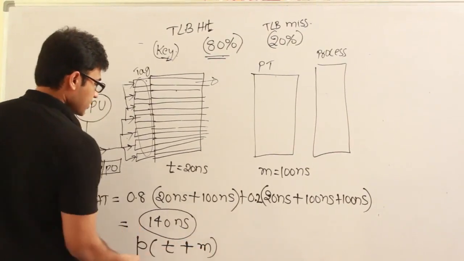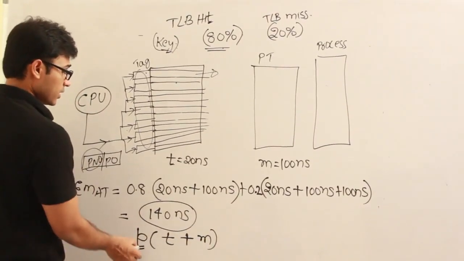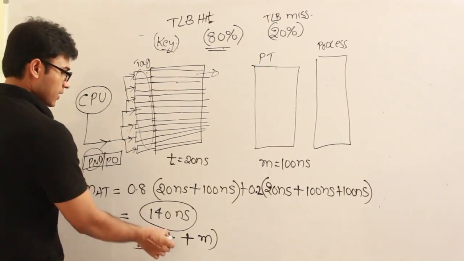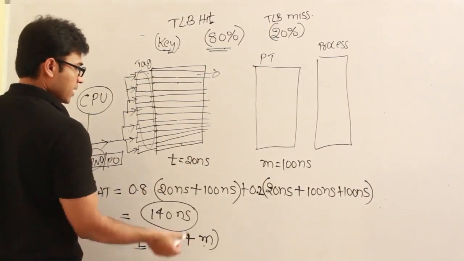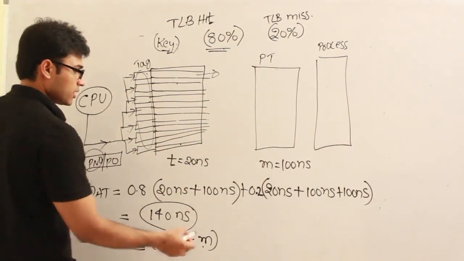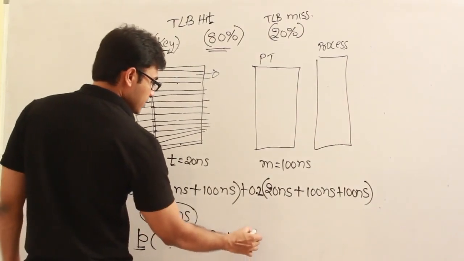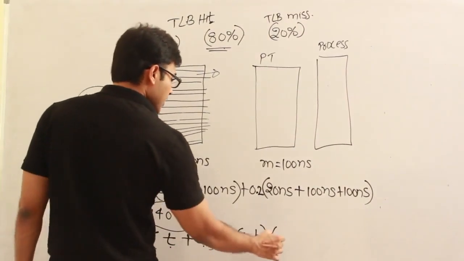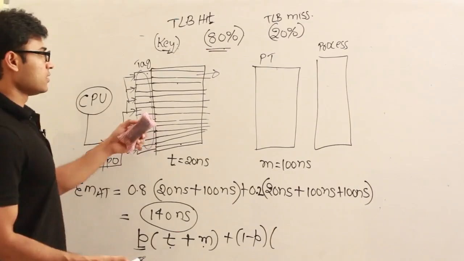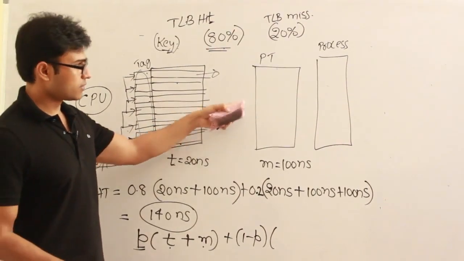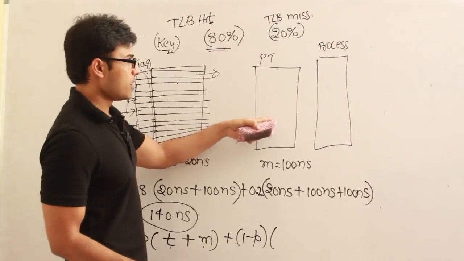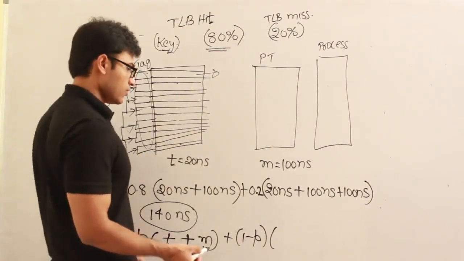So what does it mean? Whenever there is a hit, and the hit probability is P, then the time taken will be, first you access the TLB, then you get the memory address and access the memory, plus, in case there is a miss, then 1 minus P into the time taken: if it is not present in the TLB, then we are supposed to take the entry from the page table, which is present in the main memory, and then go to the main memory and get the word, right?